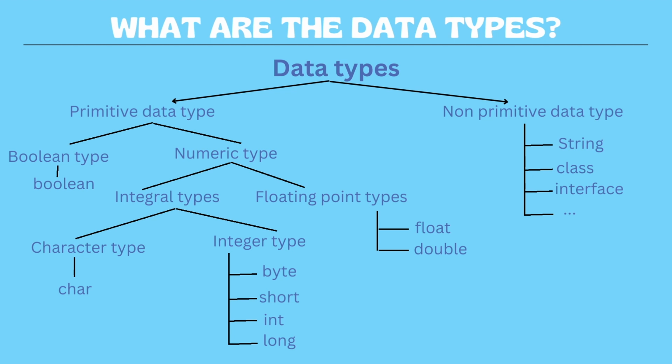Numeric types include numbers. Under the numeric type we have the integral type and the floating point type. Integral types don't include decimal numbers, while floating point types include decimal numbers. Under the integral type we have the character type and the integer types. We will look at them in great detail in our next videos.